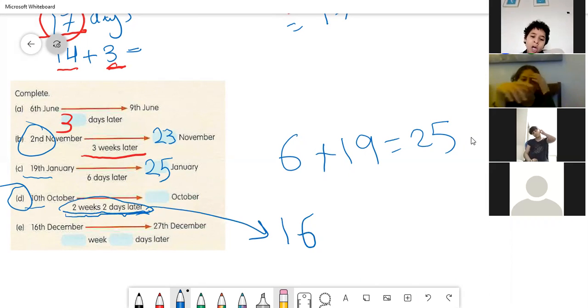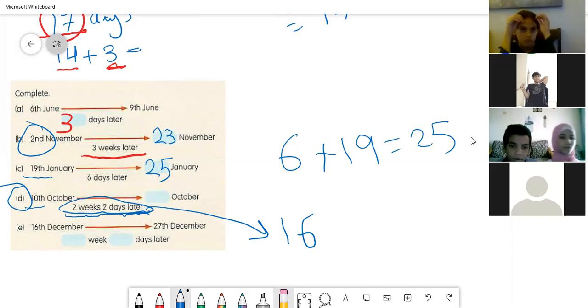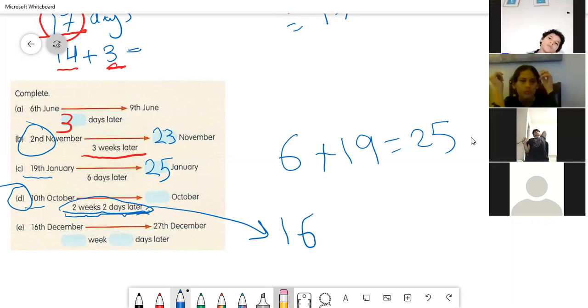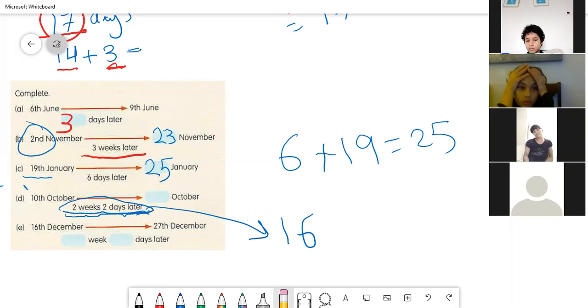16. Right? Yes. Okay, then the date is 10th of October. Then 16 days later, what will be the date? What should we do? We should add.